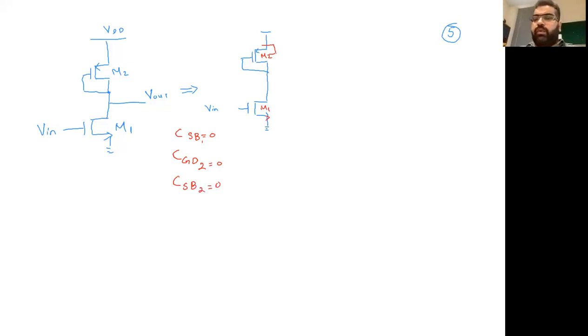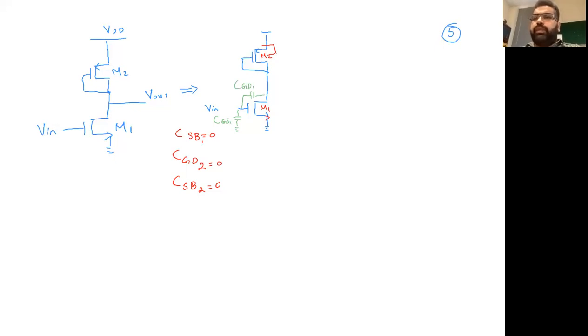Now I'm drawing the capacitances in green. The first capacitance will be CGS1. 1 stands for M1 and 2 stands for M2. Then there is going to be one capacitance between the gate and the drain, CGD1. So we get rid of 3, and we will be left with 5 overall capacitances.